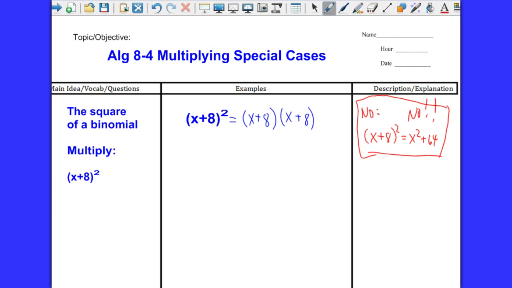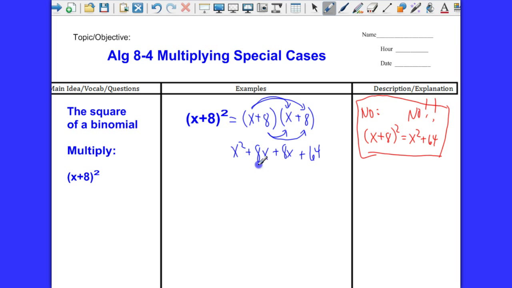Let me show you what actually happens here. Let's work this out based on what we learned in the previous lesson, where we multiply each term times each term. If we take this times this, we get x squared. If we take this times this, we get 8x. Then we multiply these two, and we get another 8x. And if we continue here, 8 times 8 is 64.